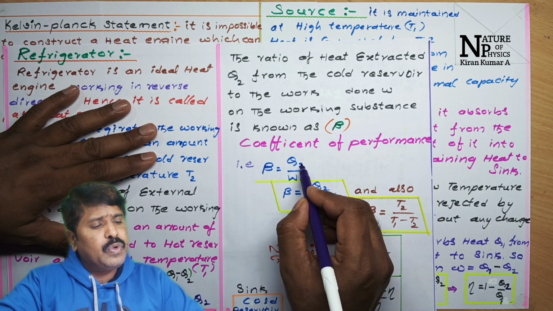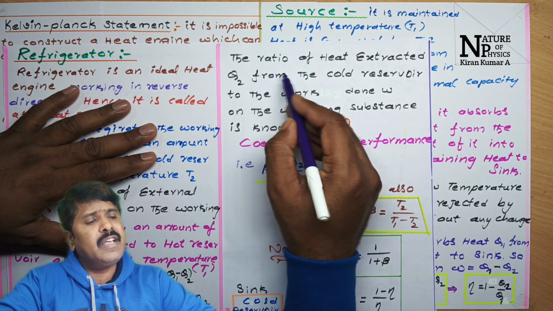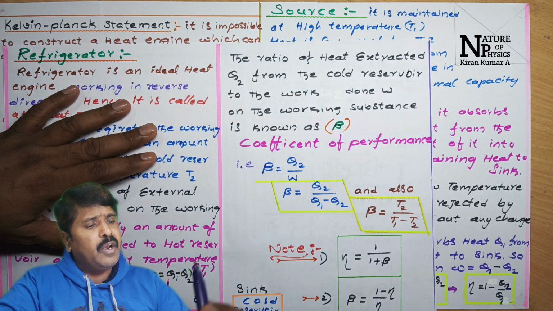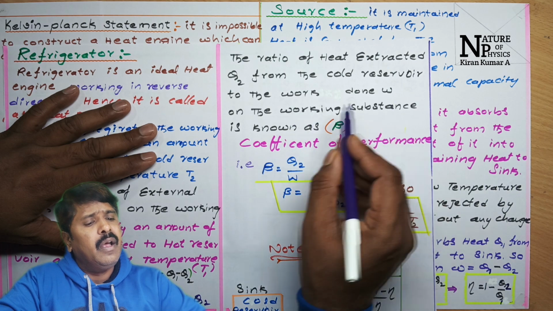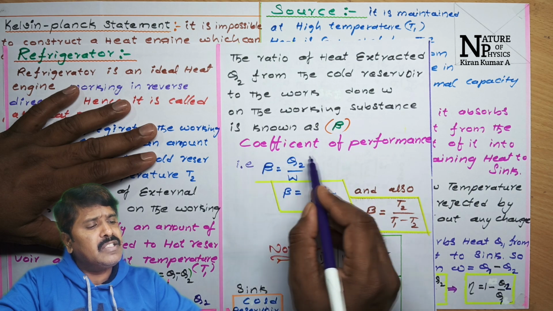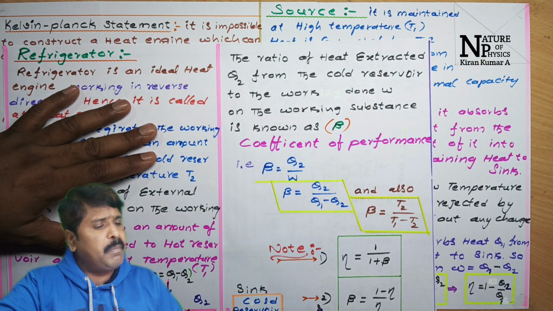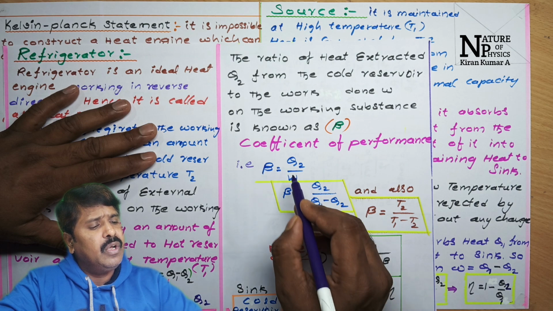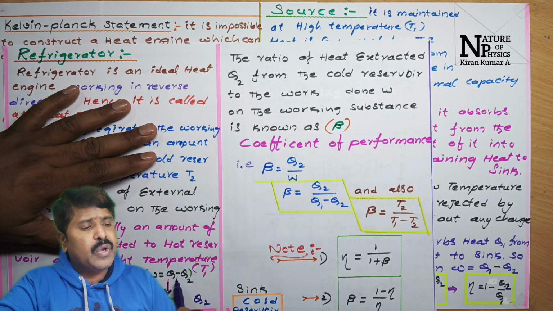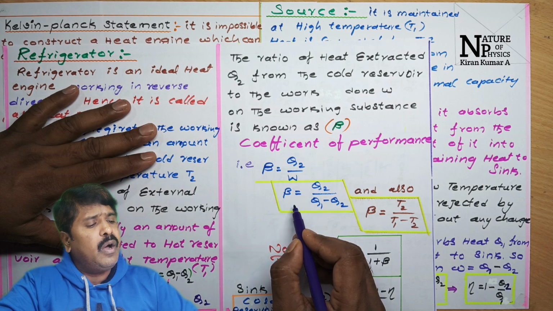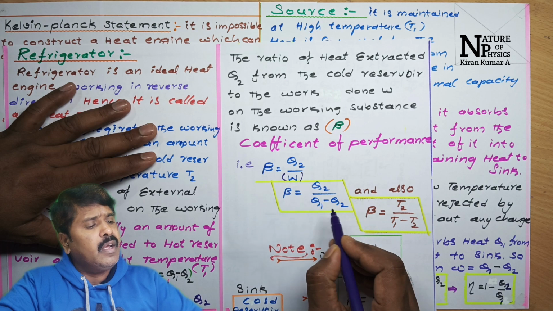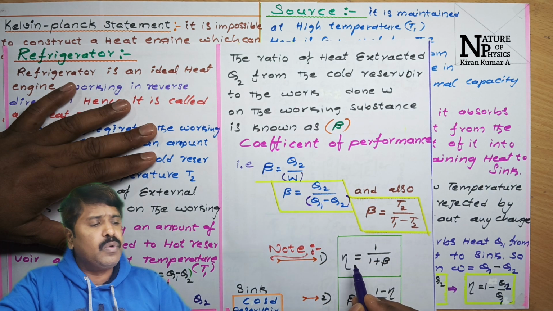So beta, the coefficient of performance, is equal to Q2 divided by W. It is the ratio of heat extracted from the cold reservoir to the work done on the working substance. Again, beta is equal to Q2 divided by W, but the work done on the system is Q1 minus Q2, student. So W is equal to Q1 minus Q2, and I am writing that here instead of W.